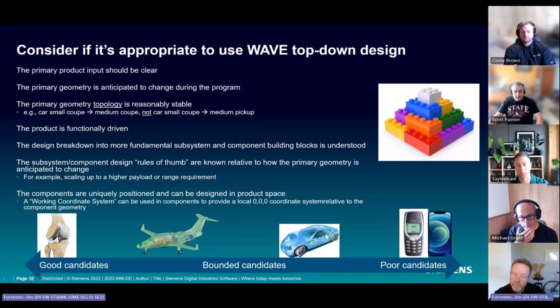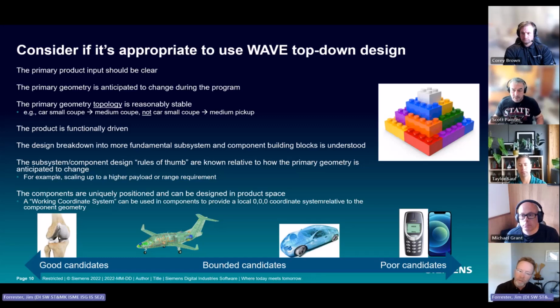A car, function driven, but a lot of styling. Styling is less of something that can have a design rule established around it. It's more of an aesthetic. So again, what's the driver, what's the driven, and what's the relationship between the driver and the driven?